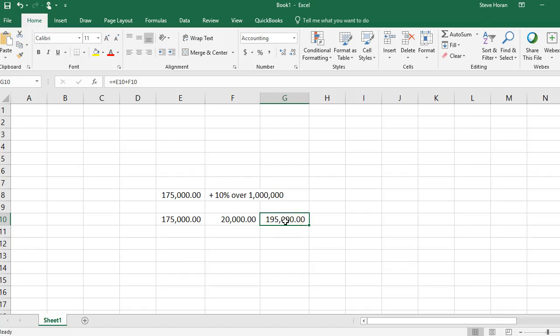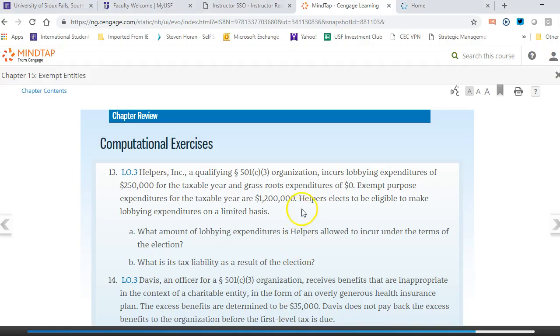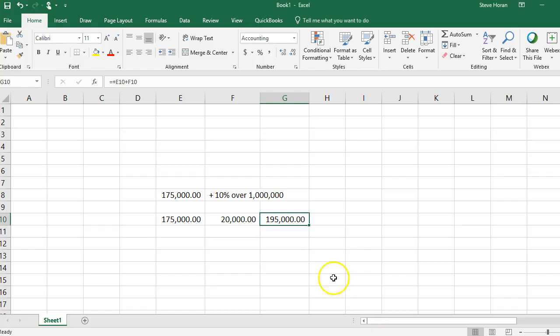Go back to the question, and it says that they spent 250,000. So they can do 195 free of tax, but clearly they spent more than that. Now the ceiling is 150% of 195, so the ceiling is that times 1.5.